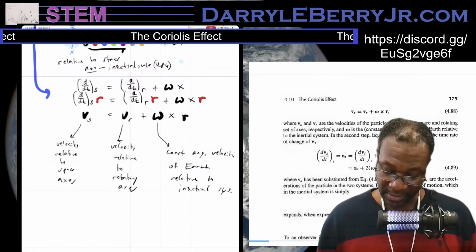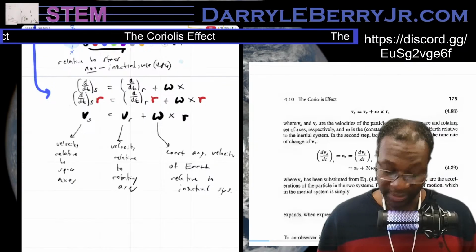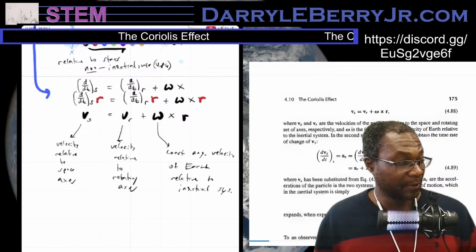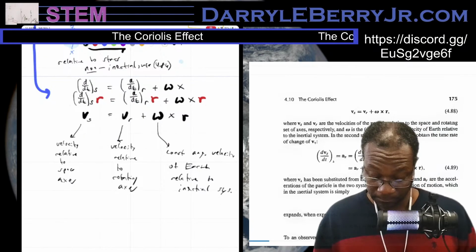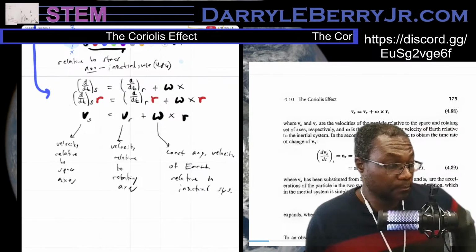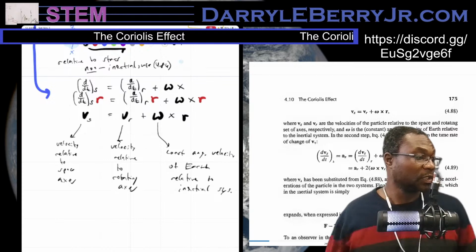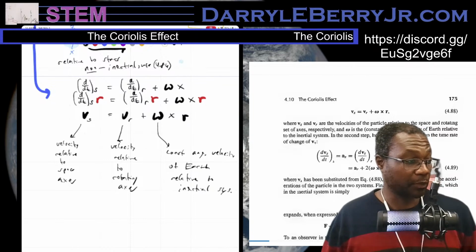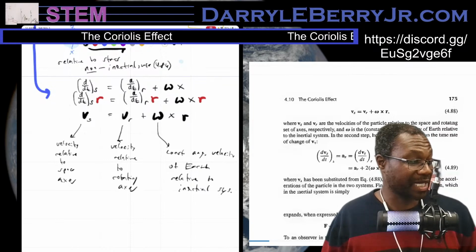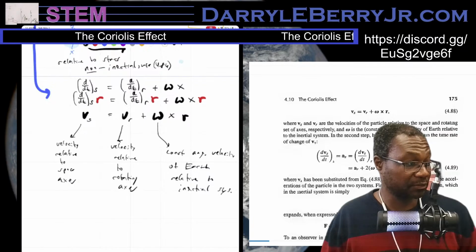Velocity relative to the space axes, velocity relative to the rotating axes. Second step, equation 4.86 is used to obtain the time rate of change of V.